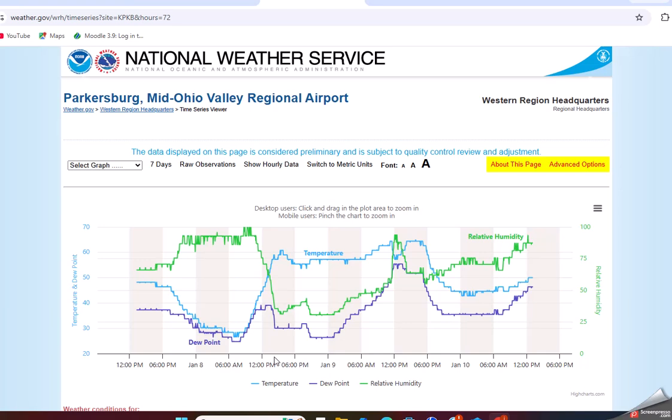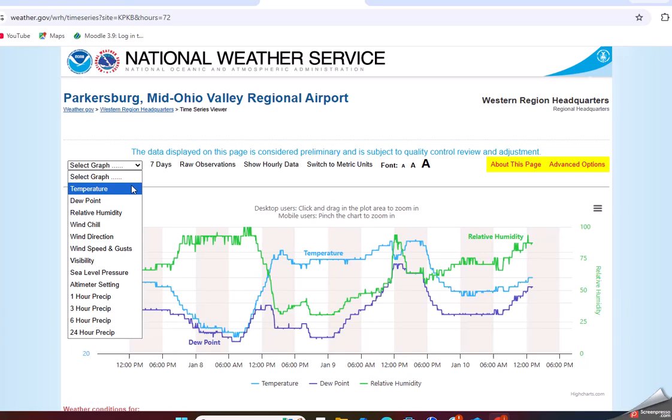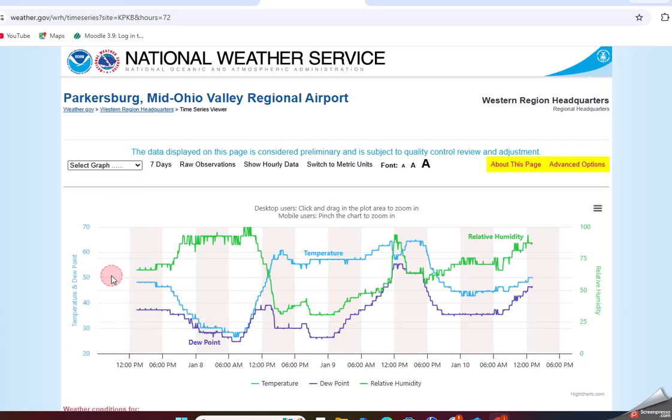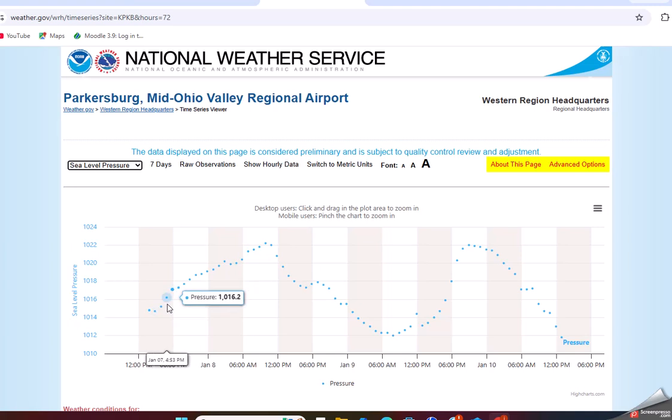And if I wanted to look at something besides these, say I wanted to look at pressure, for example, I can go in here, find air pressure, sea level pressure, and notice that the air pressure was rising, and it started to fall, rise again. Now it's back down again, coming down.